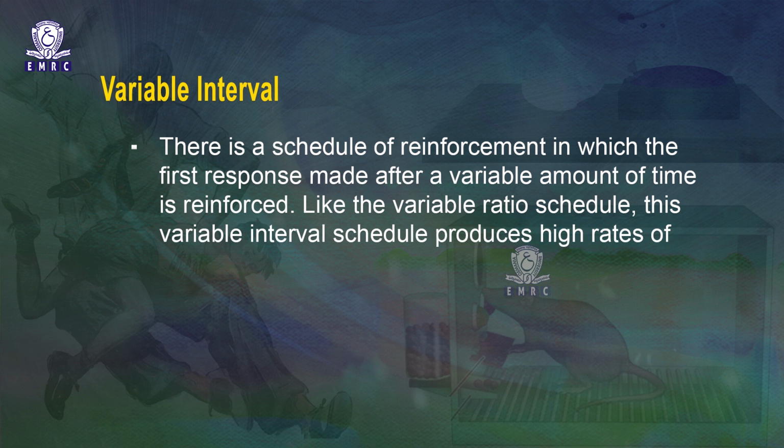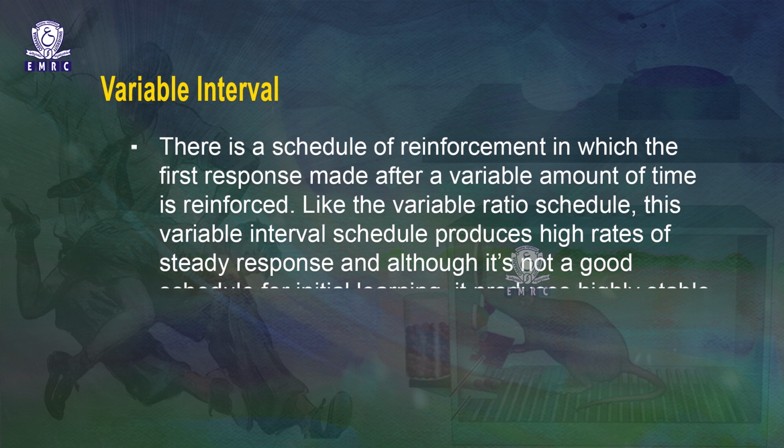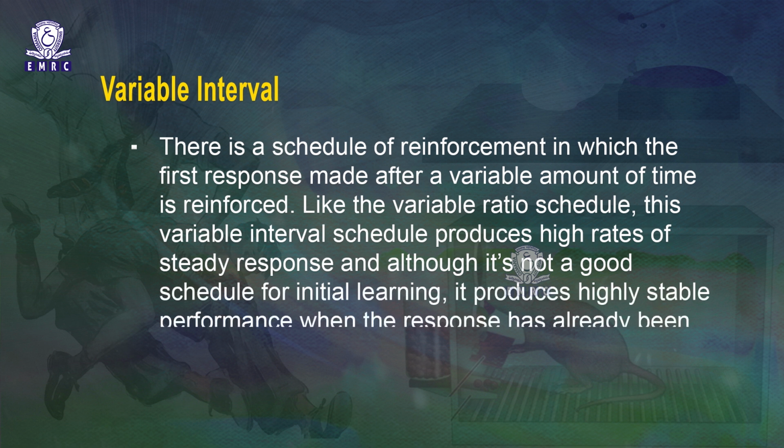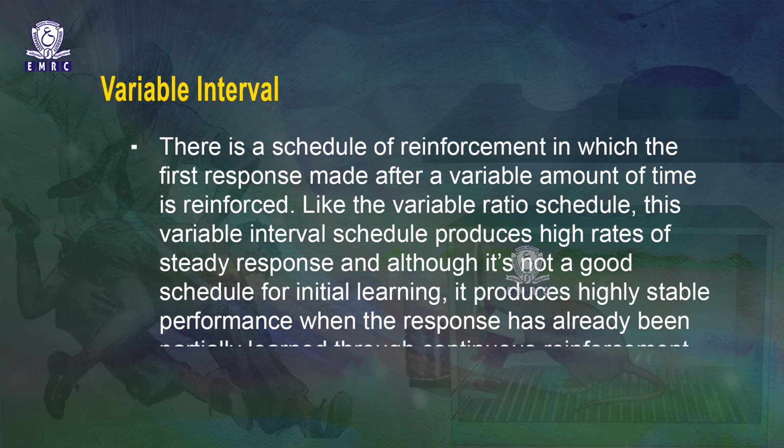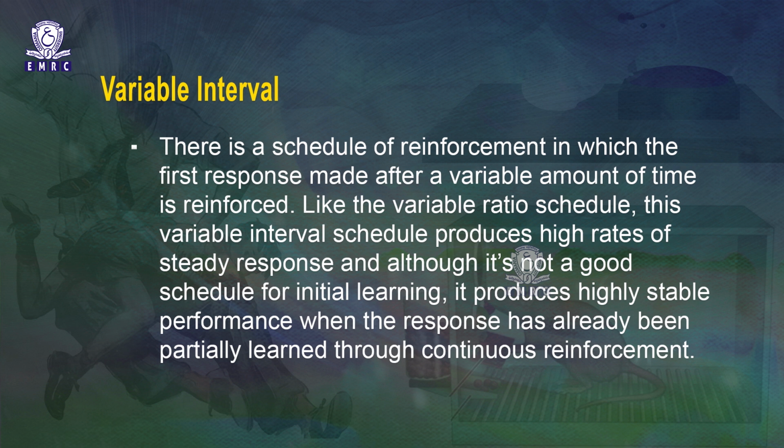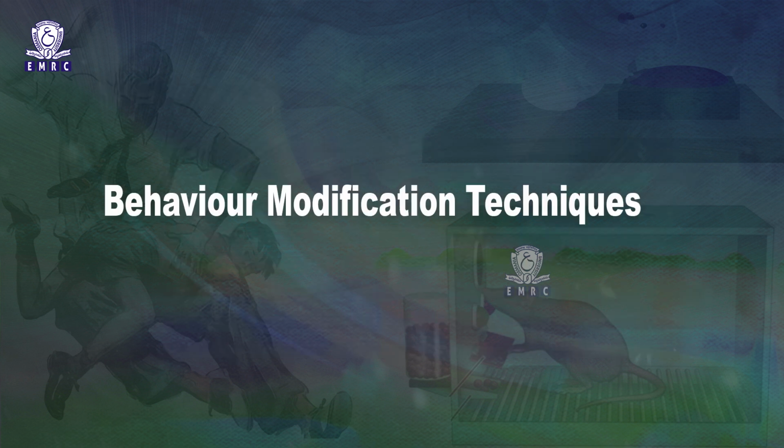Like the variable ratio schedule, this variable interval schedule produces high rates of steady response, and although it is not a good schedule for initial learning, it produces highly stable performance when the response has already been partially learnt through continuous reinforcement.